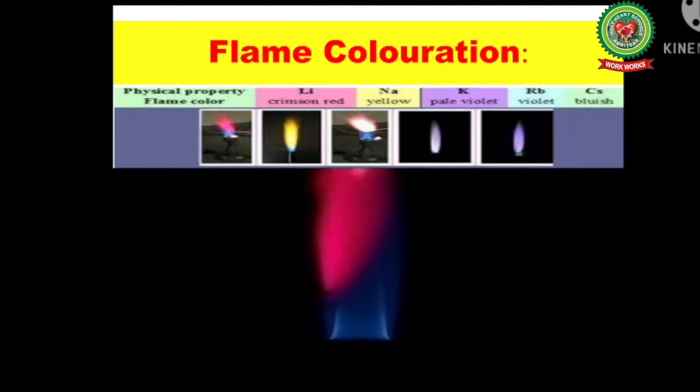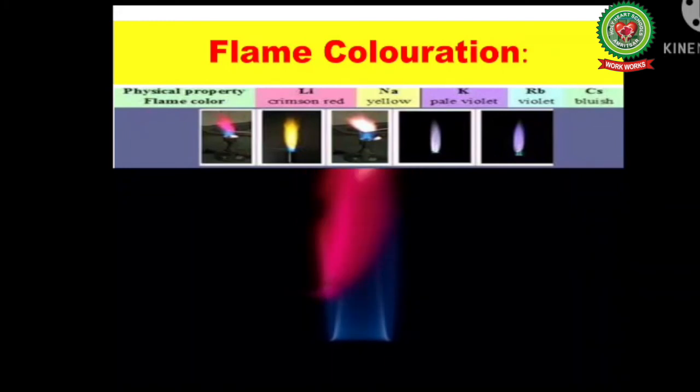Alkali metals and their salts impart a characteristic color to the flame. Lithium crimson red, sodium golden yellow, potassium pale violet, rubidium violet, and cesium bluish. Now what is the reason why they impart color to the flame?